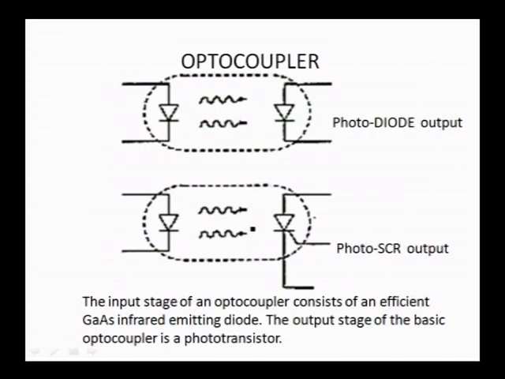We have different varieties of optocouplers. The figure shows here a photodiode output, and here a photo SCR output, the varieties of output. The input stage of the optocoupler consists of an efficient gallium arsenide infrared emitting diode. This is a light emitting diode. The output stage is a phototransistor. These are different types of optocouplers.